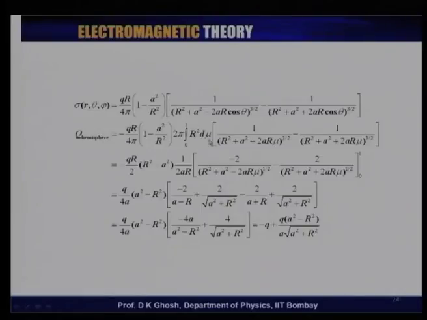I substitute cos theta equal to mu, so I get r square d mu, and these 2 expressions are very similar, and the integrations are straightforward because it is just a power law. If you do the integration you find that the net charge on the hemisphere is given by minus q plus q times a square minus r square by a into root of a square plus r square. This is precisely the expression given for the Jackson's problem.